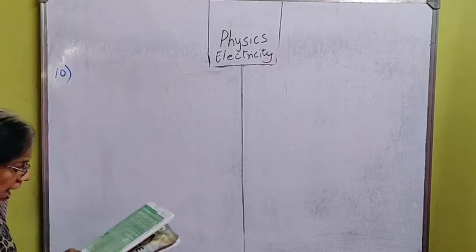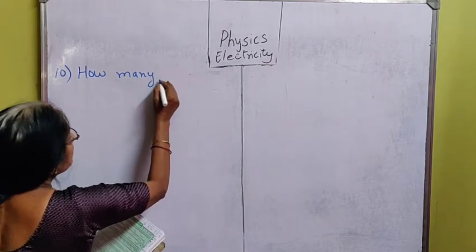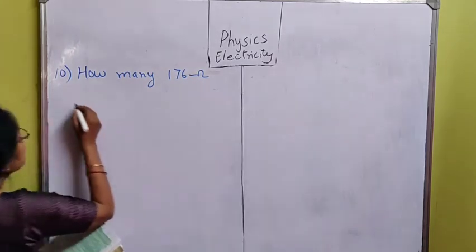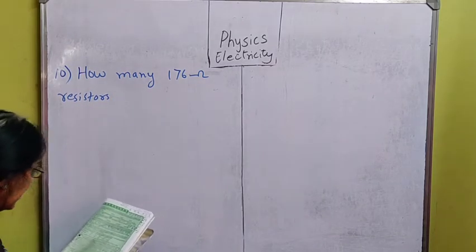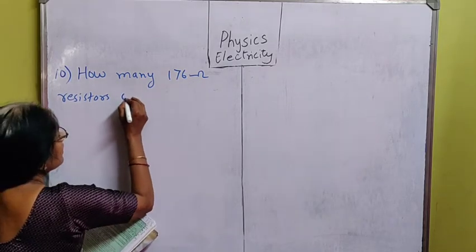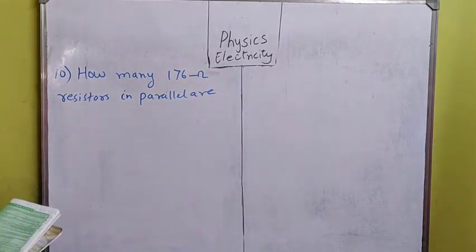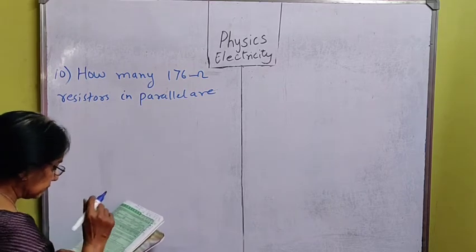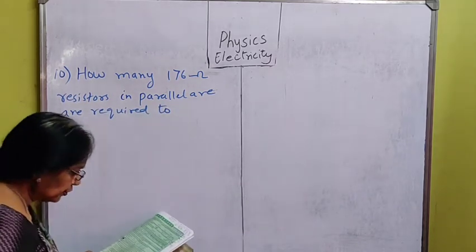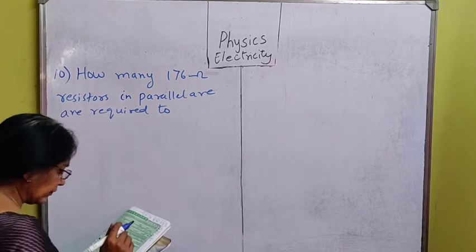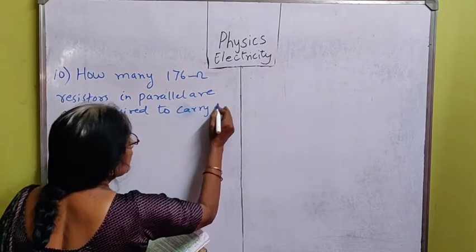How many 176 ohm resistors in parallel are required to carry 5 amperes?